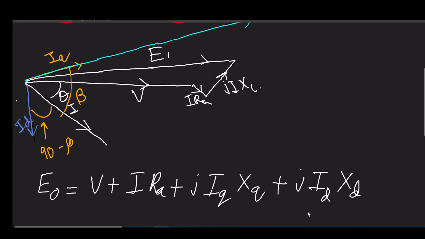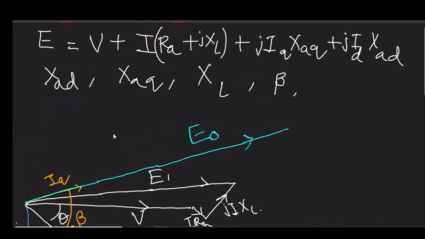Well, so what this said, we just need to add these two factors with IRA. So let us try to add them. Obviously JIQ should lead this IQ by an angle of 90 degrees, and JIDXD should lead ID by an angle of 90 degrees.